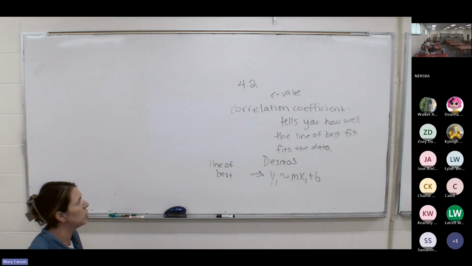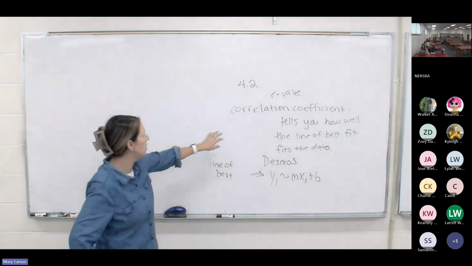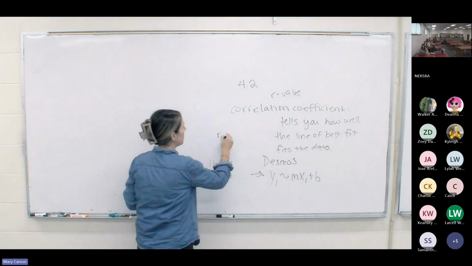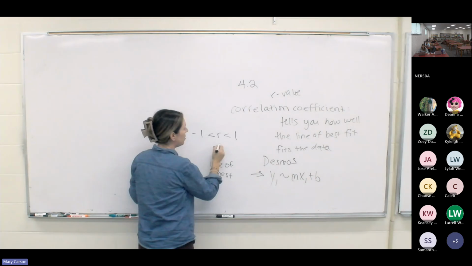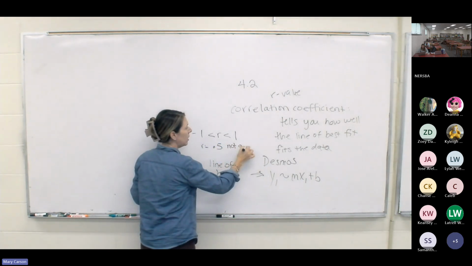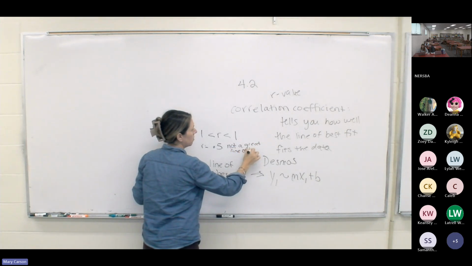And correlation coefficient is your R value, tells you how well the line of best fit fits the data. So again, you want this value to be closer to 1 or -1, and it's going to be between those values anyway. But if R is equal to 0.5, that means it's not a great line of best fit, not a great prediction.